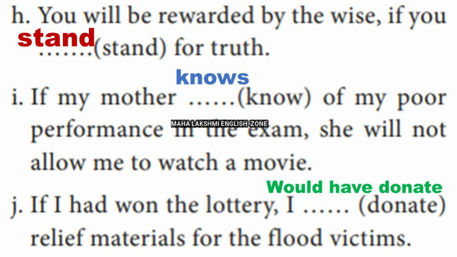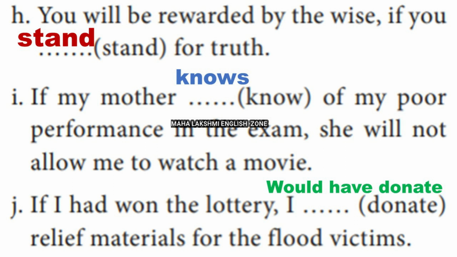It is not necessary to read the whole sentence and understand. Then in the next one, in the main clause the verb is will not allow. So when the main clause takes will plus verb, our answer should be in the present form. So here the verb given in the bracket is know. Since my mother is singular, it takes the form knows. Then in J, the if clause takes the verb as had won. So it is a past perfect form.